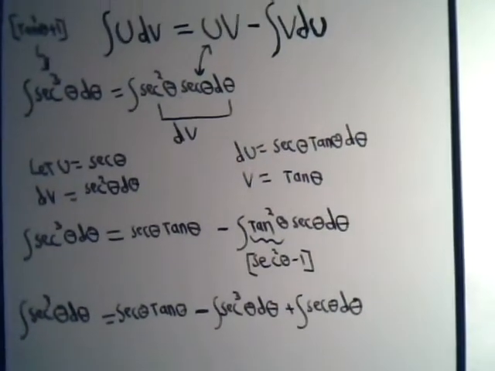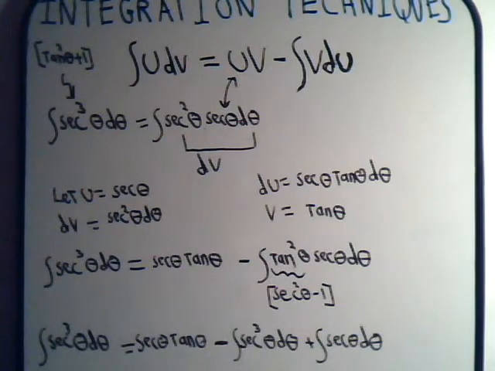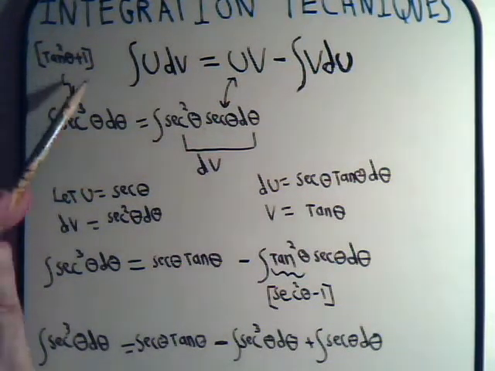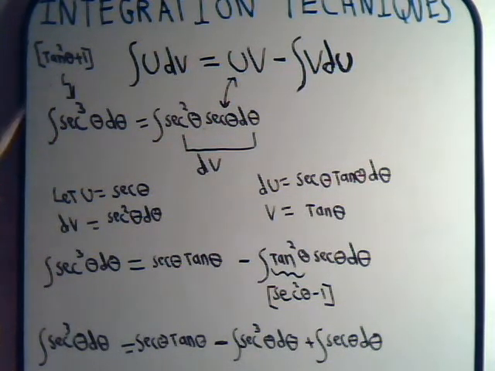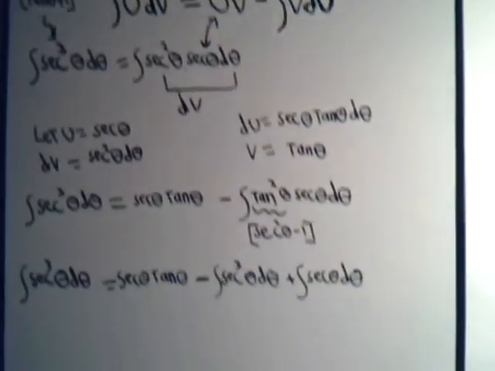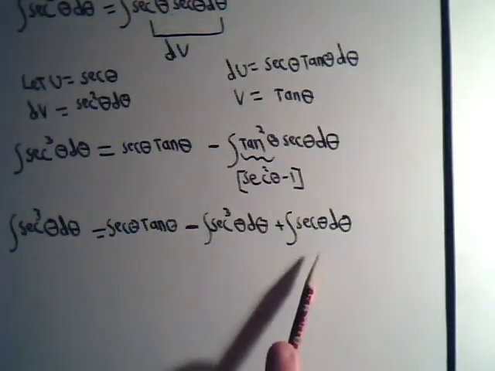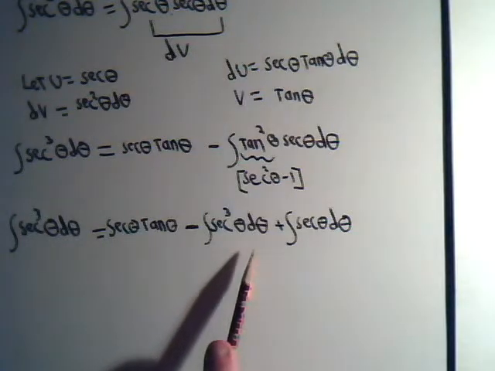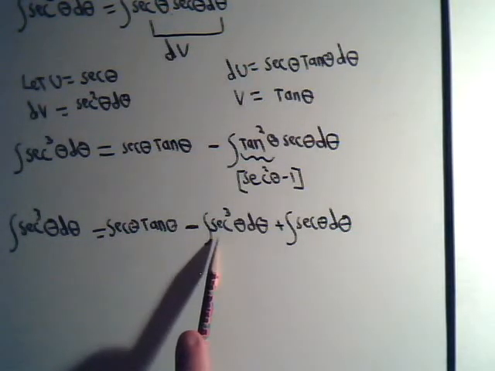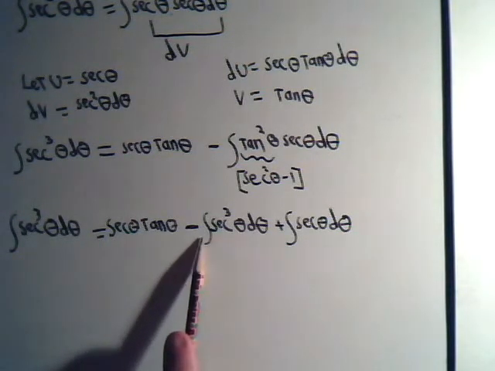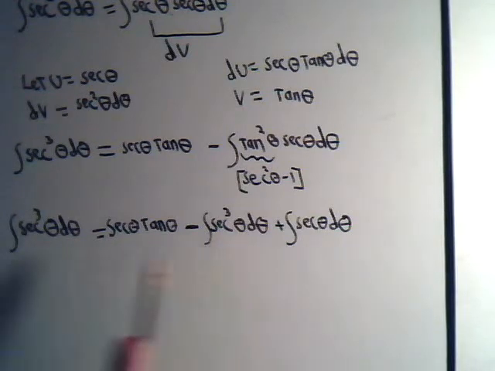Before, when we tried this substitution up here and multiplied out, we had these two integrals, but now this one here, the secant cubed, has a minus sign instead of a plus sign. So we bring it over here.